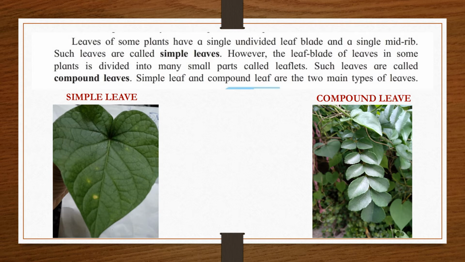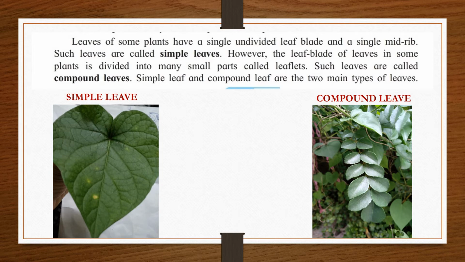But here this is a curry leaf. We see it is a simple one, but what happened here is the lamina is cut or divided into small parts. These small parts are called leaflets. Hence such a leaf is called a compound leaf. Understood?